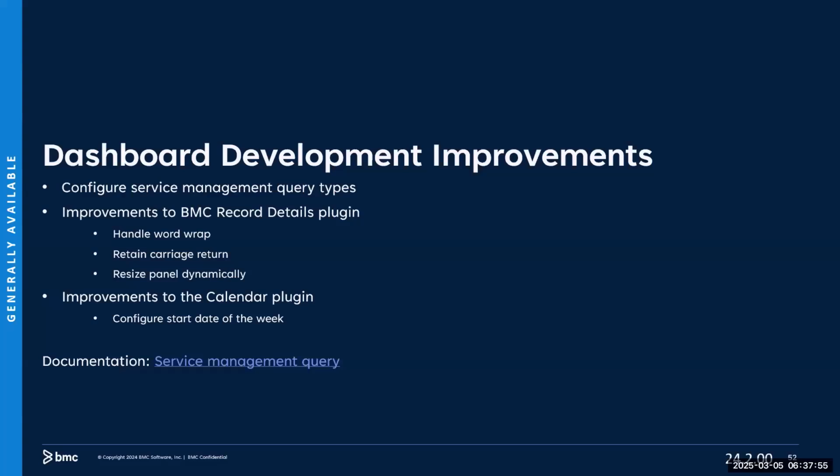So for detailed fields like detailed description, you may have a carriage return where you start on a new paragraph. We now retain all this formatting when we display that data in reports. We resize the panels dynamically depending on the data in those fields.